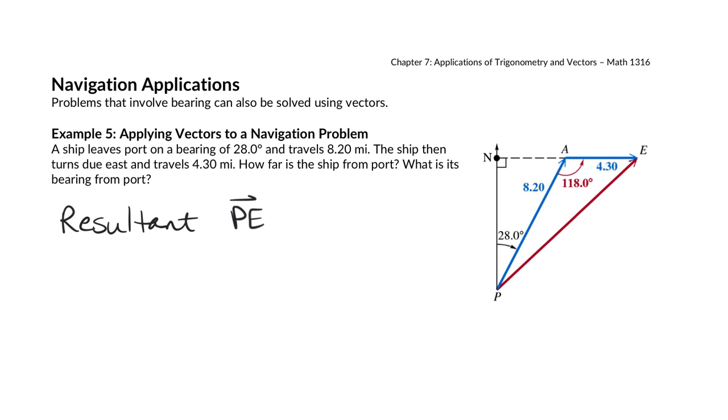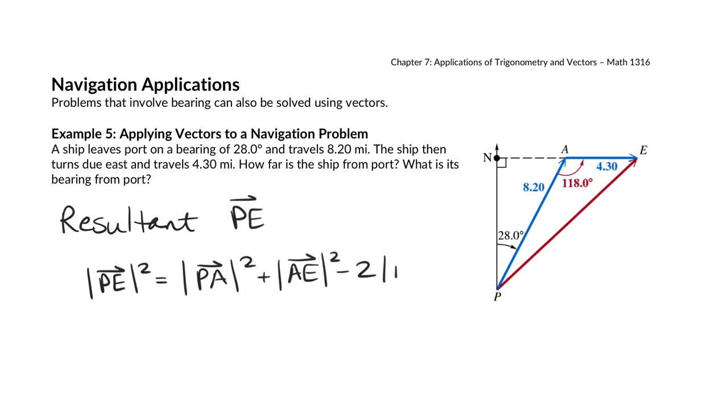The law of cosines with the letters from today's problem will be the magnitude of vector PE squared equals the magnitude of vector PA squared plus the magnitude of vector AE squared minus 2 times the magnitude of vector PA times the magnitude of vector AE, multiplied by the cosine of angle PAE.